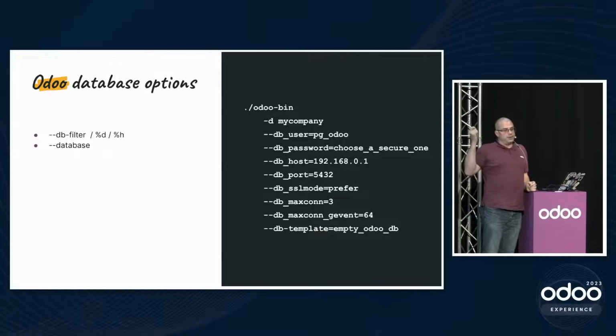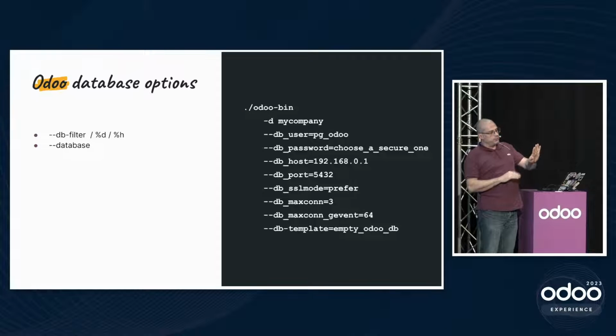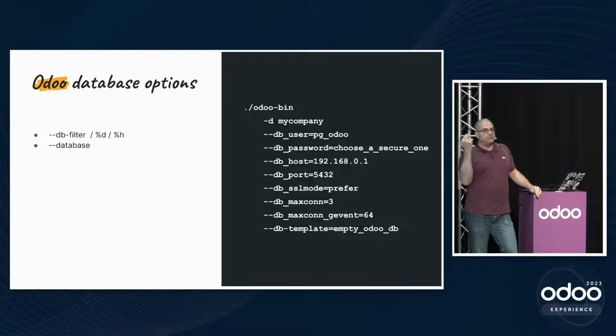I said earlier that Odoo is multi-tenant. You can have only one Odoo server serving two different databases. You probably don't want your user to have to select the database he wants to connect to. Based on his URL, you want to automatically connect to the correct database.